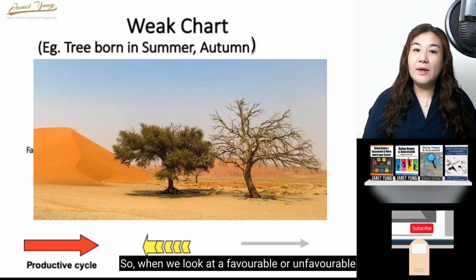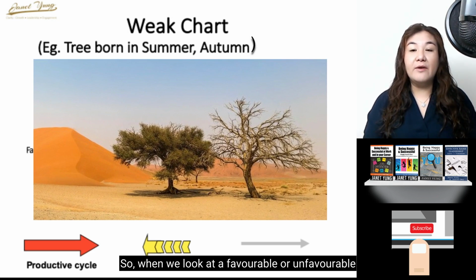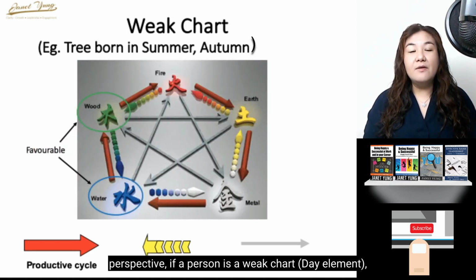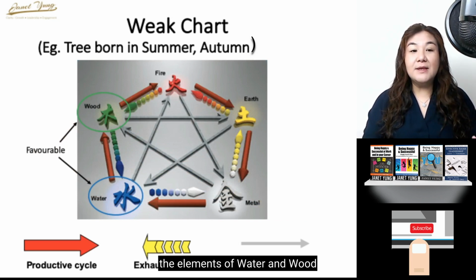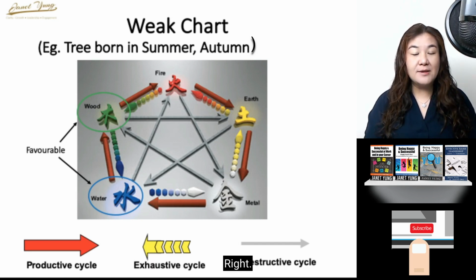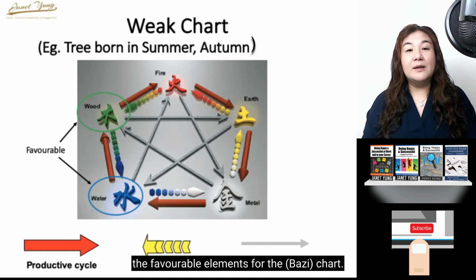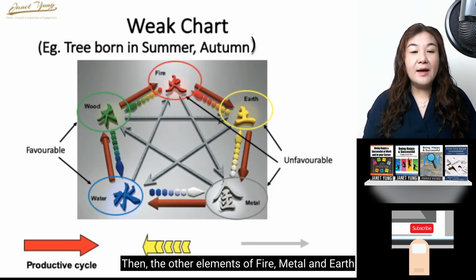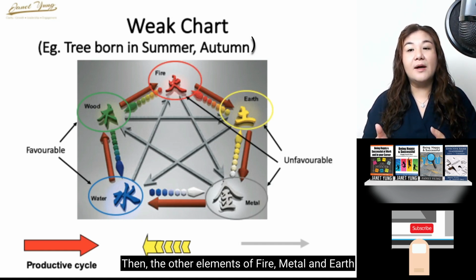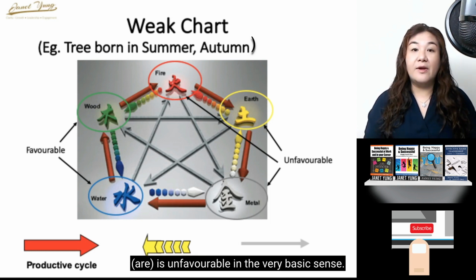So when we look at a favorable or unfavorable perspective, if a person is a weak chart, the elements of water and wood would be favorable for this person, right? So that's how we determine what are the favorable elements for the chart. Then the other elements of fire, metal and earth are unfavorable in the very basic sense.